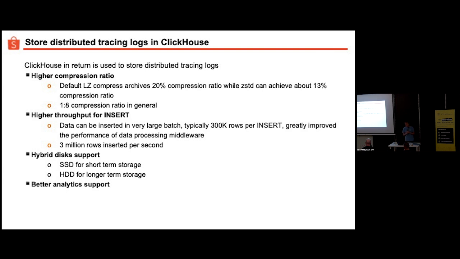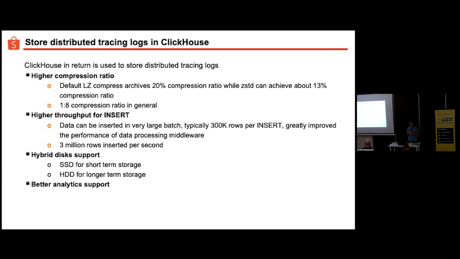And ClickHouse supports higher throughput for insert, because we generate very huge data during the log queries, but ClickHouse supports very large batches. Typically, we insert 300,000 rows in just one insert statement. In our peak time, we can handle 3 million rows per second on just one machine.